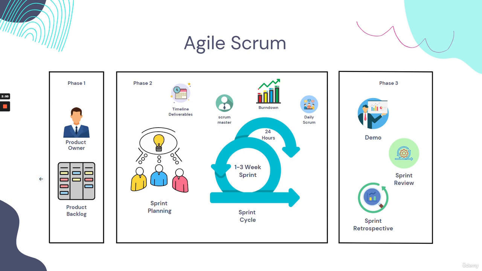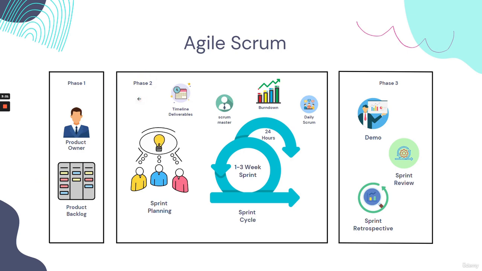The product owner is responsible for creating this product backlog, which hosts the items and features as well as the requirements for the software development process that is equally distributed amongst the different teams.